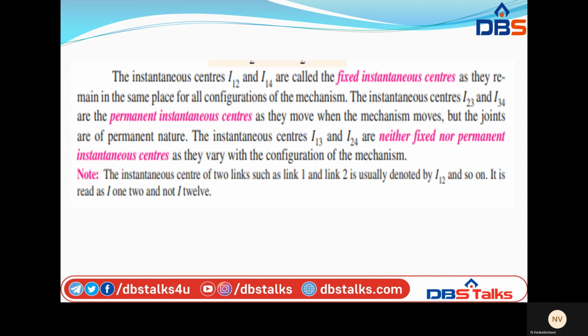Next, as they remain in the same plane for the configuration, the instantaneous centers I23 and I34 are the permanent instantaneous centers, as they move when the axes move, but the joints are of permanent nature.